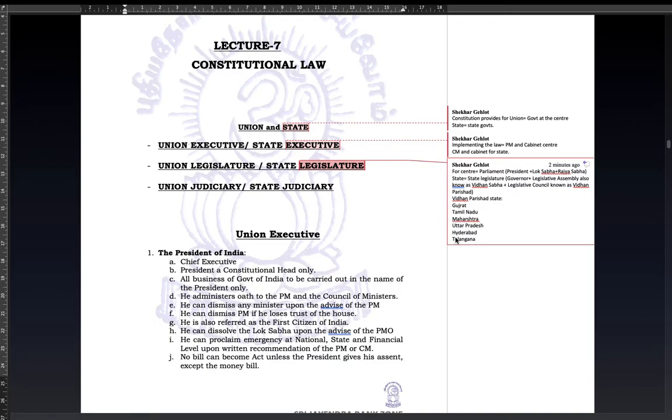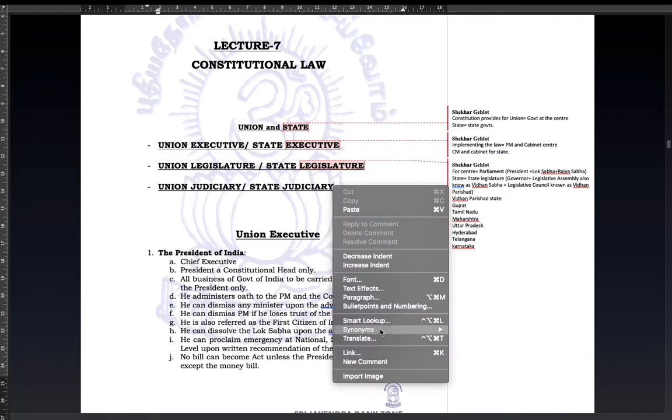These are the states in which you have Vidhan Parishad, though it is not a mandatory feature. It is an institution which is functioning in some states and not in other states. It hardly makes a difference. Even if Vidhan Parishad is not there in some states, like in major states, there is no particular constitutional issue with that. In other states the state legislature is comprised of the governor plus the legislative assembly only.